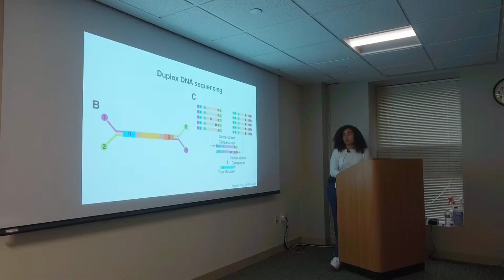So we can do double strand consensus so that we can identify the one true mutation that would be the green and discard all of the other ones that wouldn't be caught otherwise. So this method allows us to get an error rate of 10 to the minus 6. So in other words, getting one cancer cell per 1,000 cells, or in sequencing terms, one true mutation every 1 million bases.